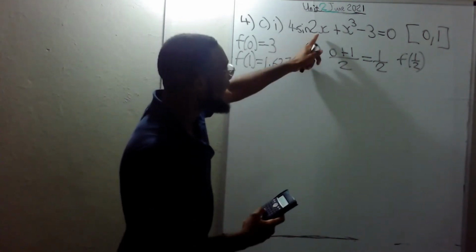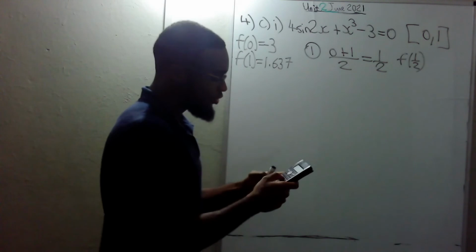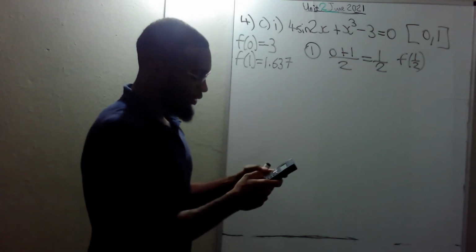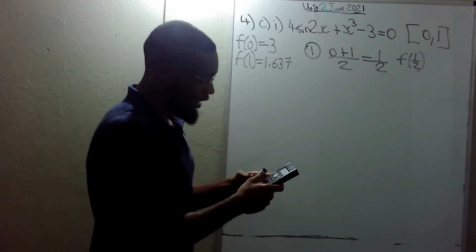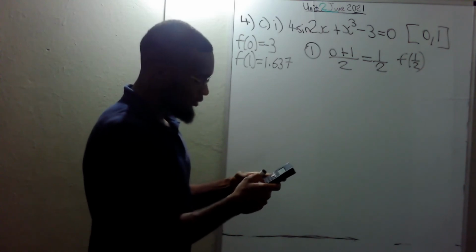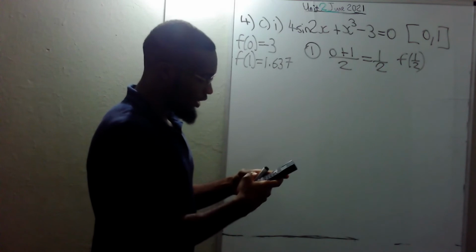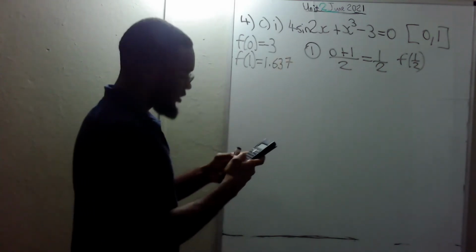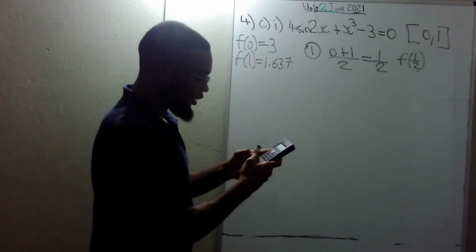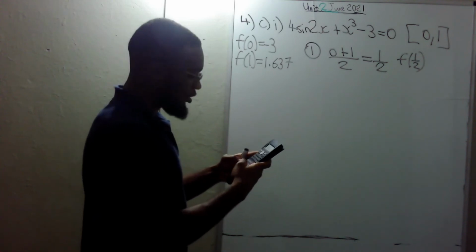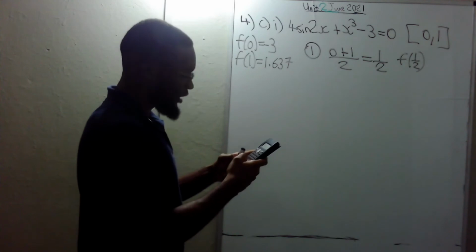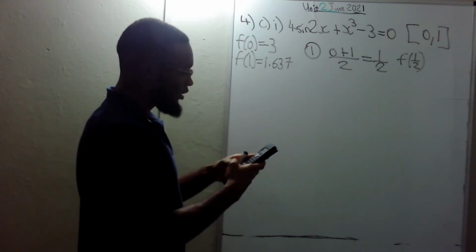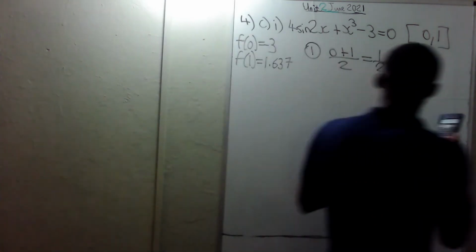So 4 sine of 2 times a half, plus a half cubed, minus 3. 2 times a half is 1, so it's 4 sine 1 plus a half cubed minus 3. I get 0.49.